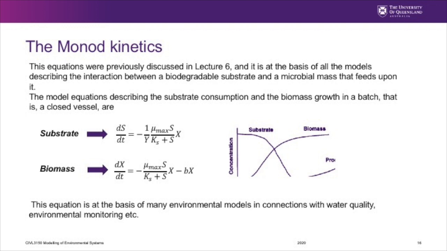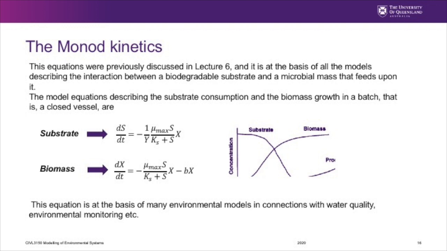But it also contains a term that is related to decay or to the death of the biomass. This one also, we have seen this equation before in lecture number 5, where it also includes a term that is related to maintenance. So this is the basic Monod equation that can take different forms.